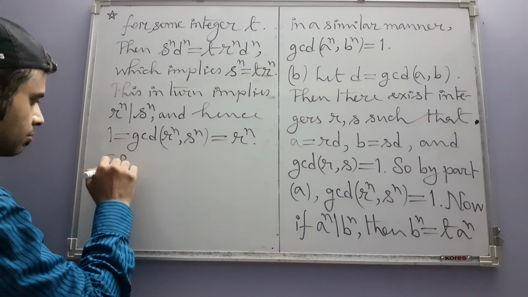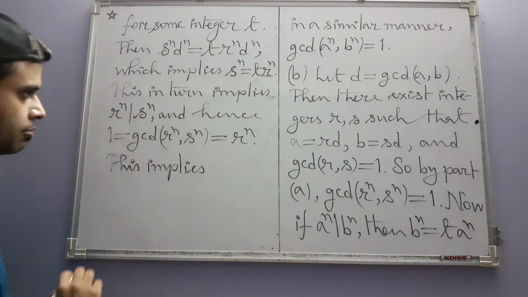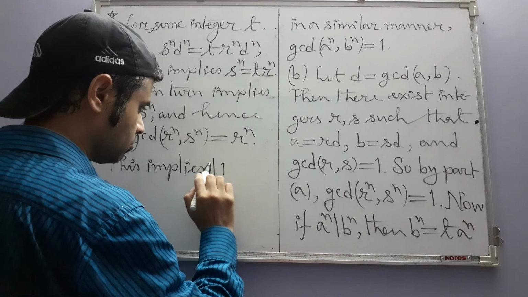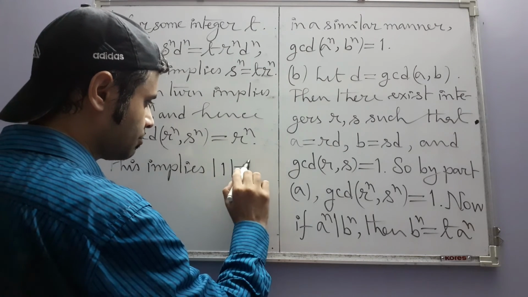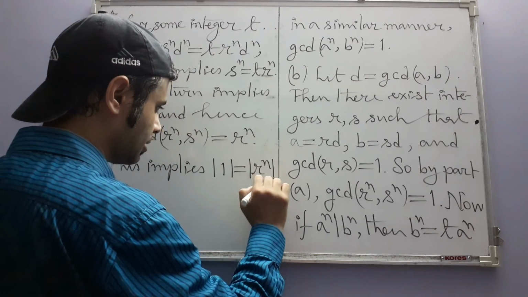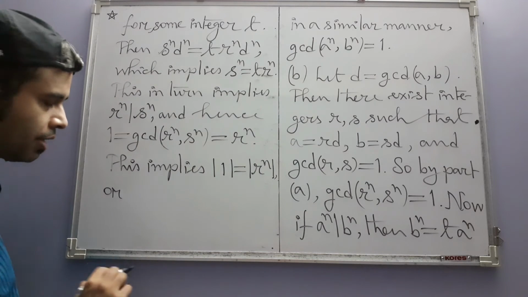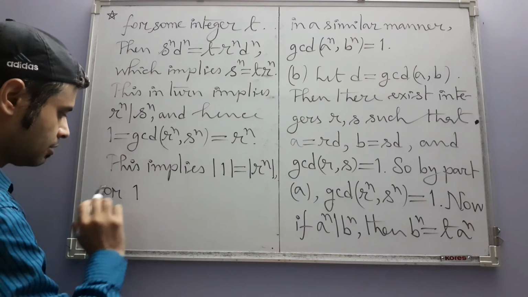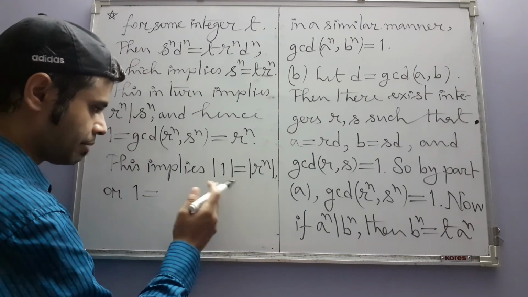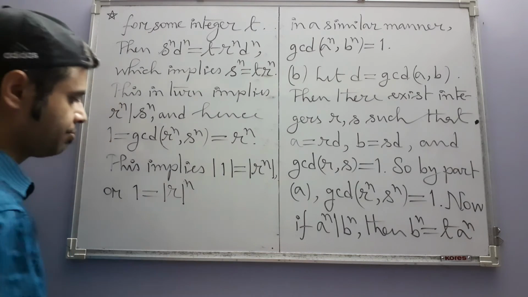This implies the absolute value of 1 is equal to the absolute value of R to the power n, or we can take the absolute value on both sides because they are the same thing. The left hand side is 1 and the right hand side, using the fact that absolute value is a multiplicative function, is the absolute value of R to the power n.